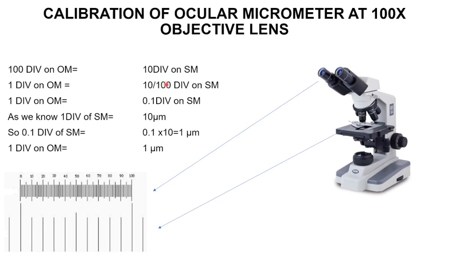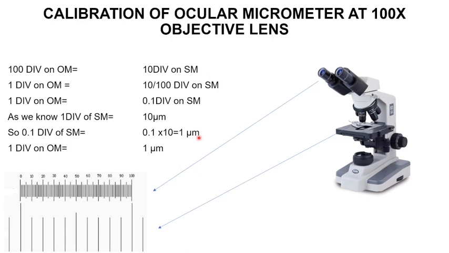So 1 division on ocular micrometer will be equal to 0.1 division on stage micrometer. And as one division of stage micrometer is equal to 10 micrometer, 0.1 division of stage micrometer will be equal to 1 micrometer.